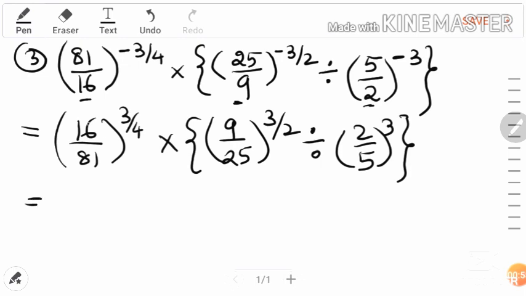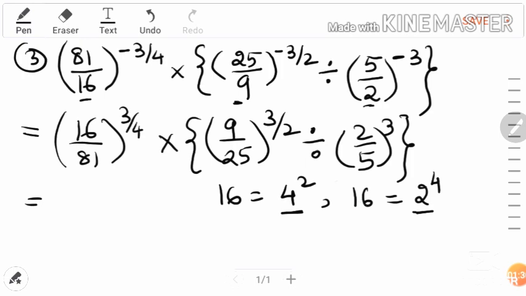Now we need to express each number of the base, numerator and denominator, as a number with power. Now 16 can be written as 4 square and 16 can be written as 2 to the power 4 as well. So out of these two, which number will you choose?